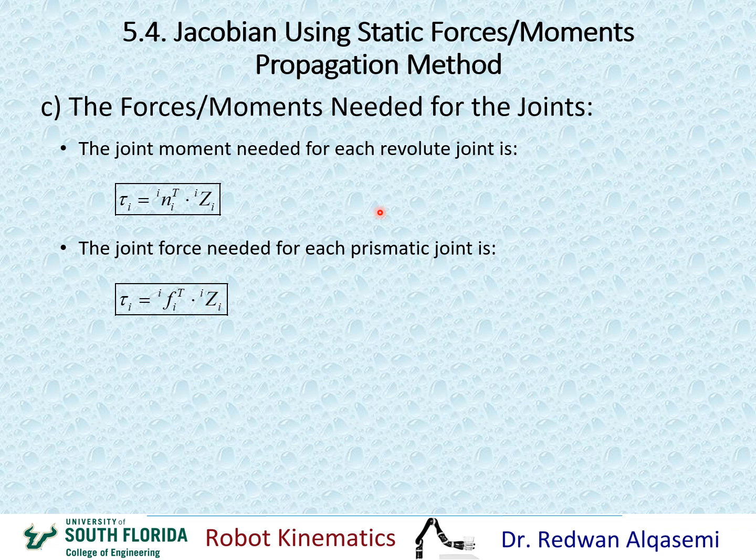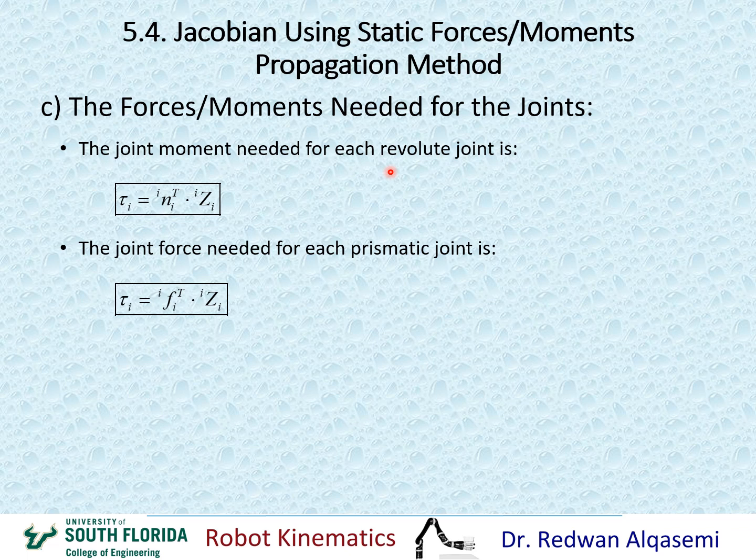And that element is the element that's acting on the z-axis. As we all know, both revolute joints and prismatic joints act on the z-axis. So this one here is acting on the z-axis of the revolute joint, and here it's acting on the z-axis of the prismatic joint, where the motion goes. So it makes sense that we extract only the z component on both of these force and moment vectors.